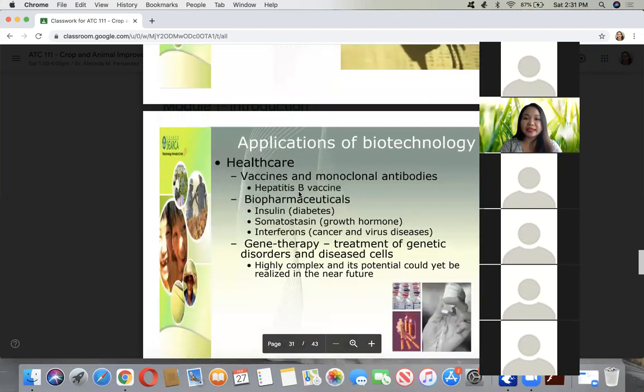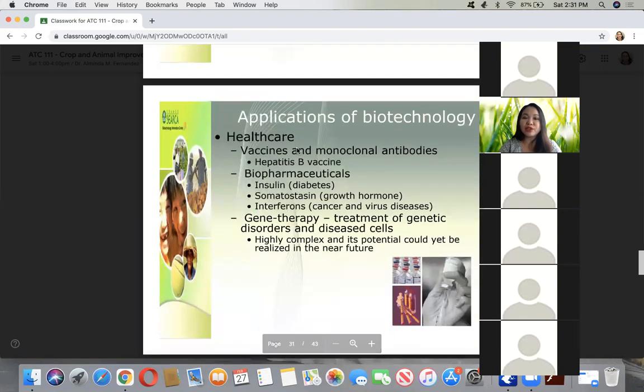So in healthcare, not only for animals but also for humans, we produce vaccines and monoclonal antibodies, like the hepatitis B vaccine. And for biopharmaceuticals, we have insulin for diabetics and somatostatin or growth hormone, interferons for cancer and virus diseases, and what we call gene therapy for the treatment of genetic disorders and diseased cells.